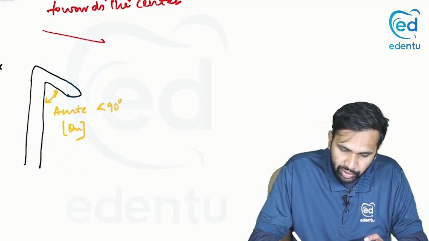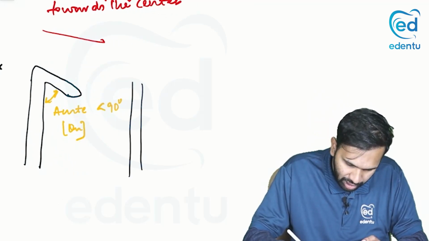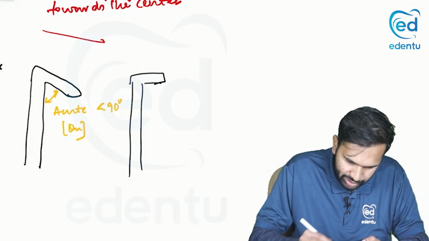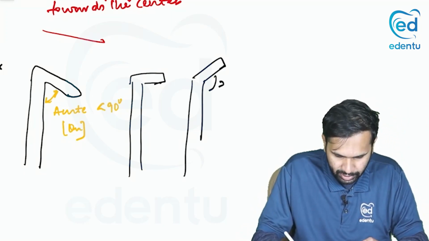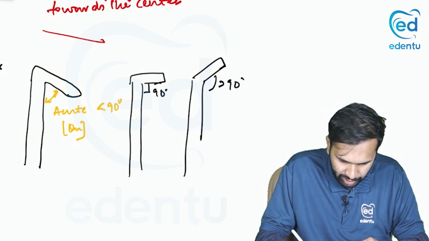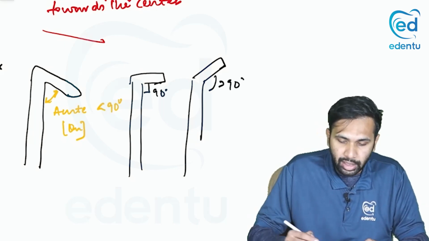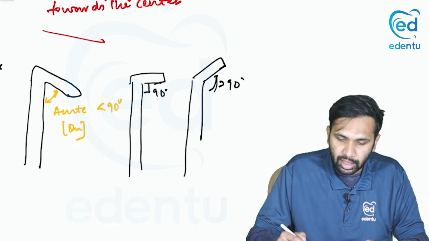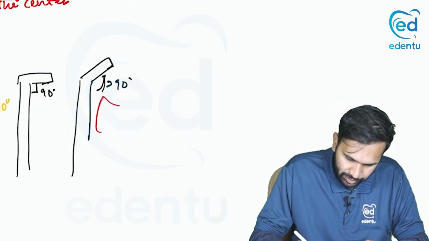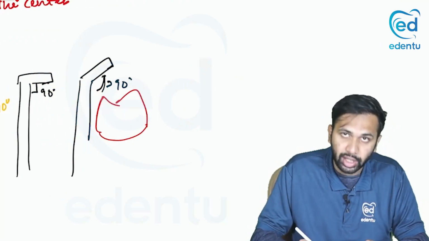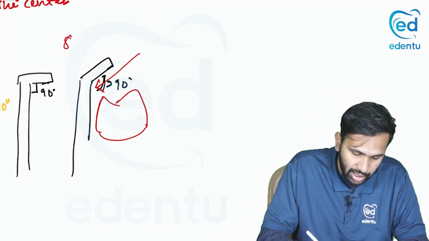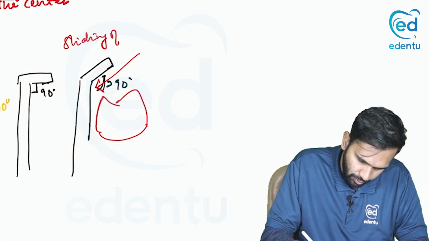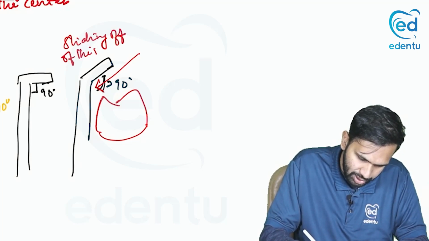Let's imagine the angle between the minor connector and the rest is 90 degrees or more, like this. This is more than 90 degrees and this is 90 degrees. What will happen? If it is more than 90 degrees, let's say you're having an abutment over here, this rest will slide off.